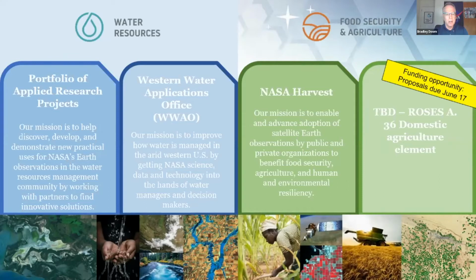And so we developed a program called the Western Water Applications Office, and we put it out at JPL in California to really start working with all the basins, with all the stakeholders out in the West that are trying to meet this challenge, and to develop a more persistent relationship.